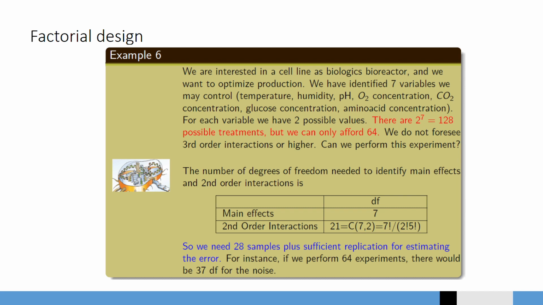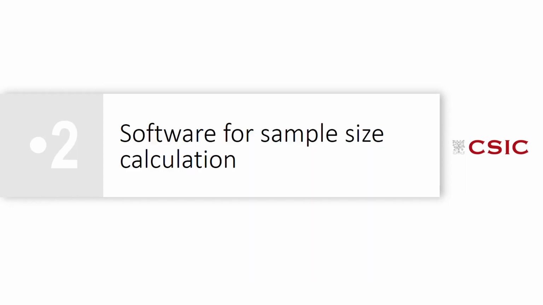So when you have many factors, you don't have to study all possible combinations, and this reduces again the number of animals that you need. So let's leave it here for now. In the following, we will explore some software to make this sample size calculation.